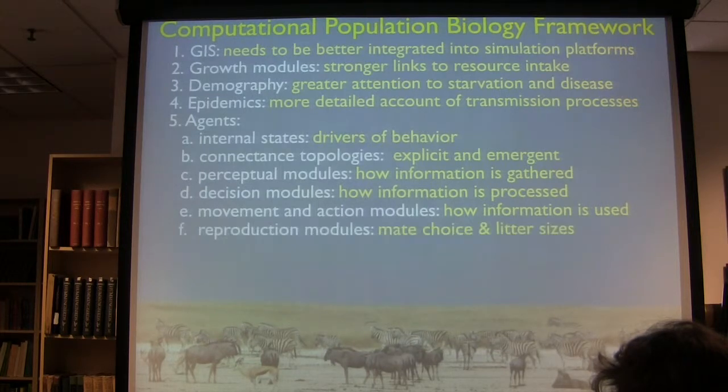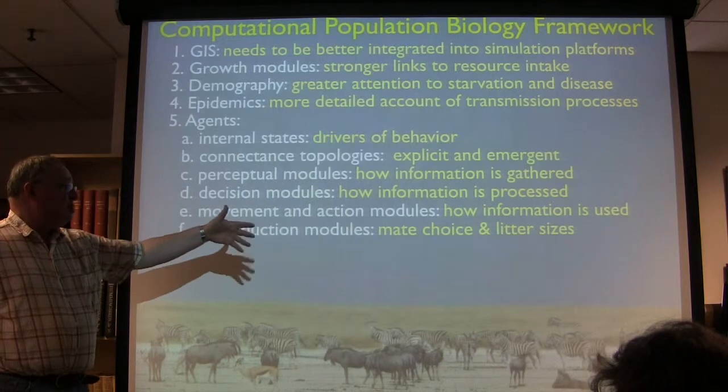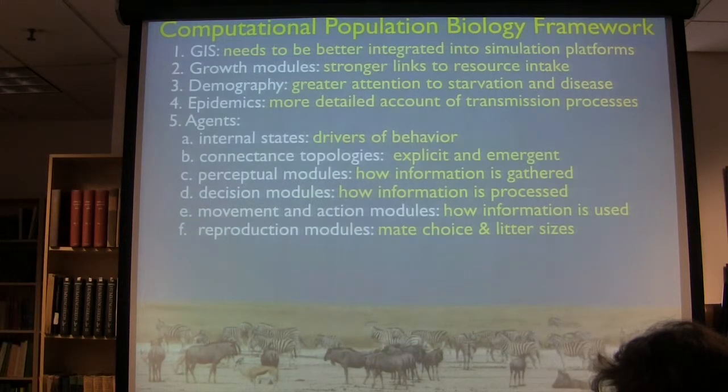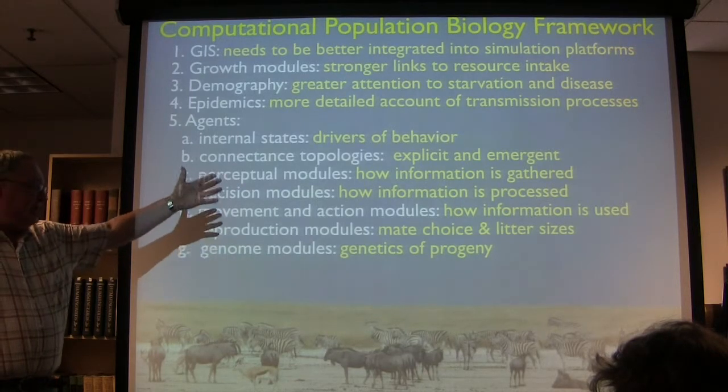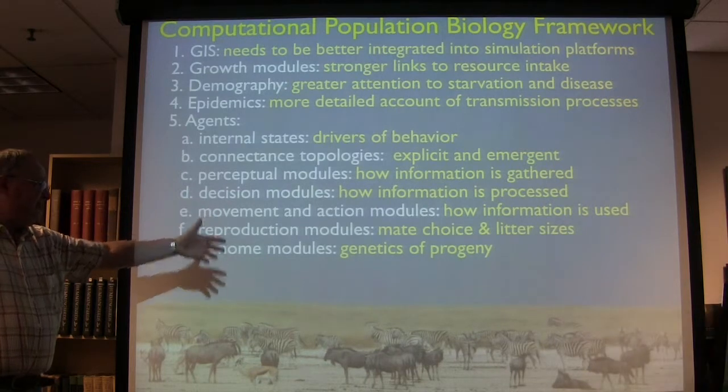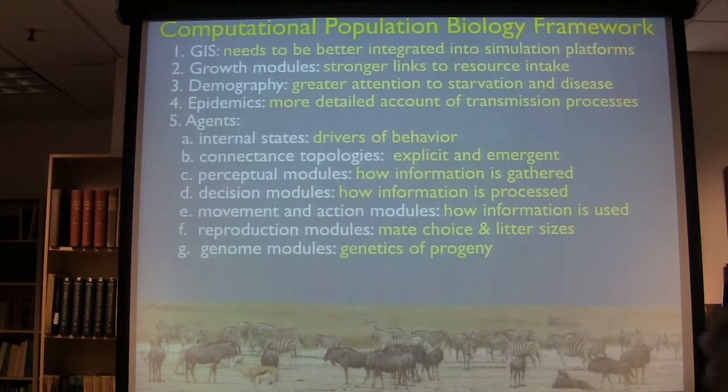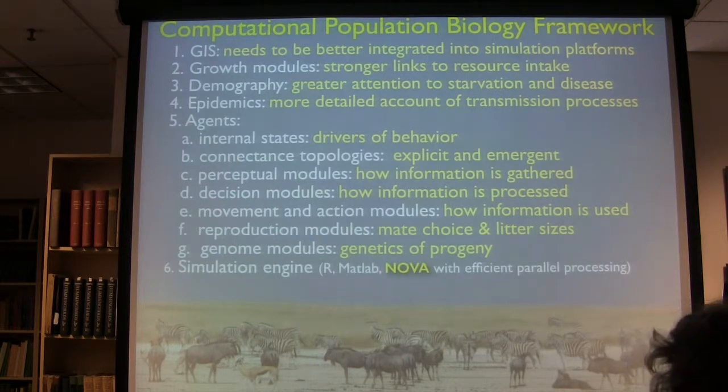So where to move, how to behave, what mates to choose, and then in the reproduction modules, based on mate choice, we have things in the model that will control mate choice, litter sizes, and also we have to think about, are we going to have agents just making clones of themselves, or are we going to bring in sexual aspects and look at genetics and exchange of genes if we want to ask questions in evolutionary ecology.